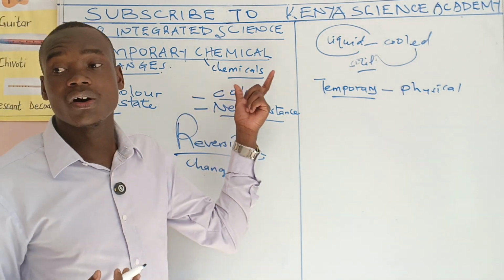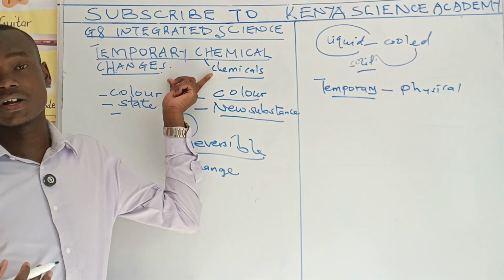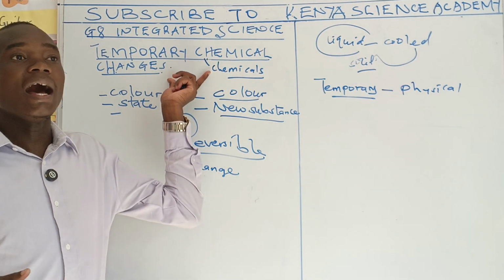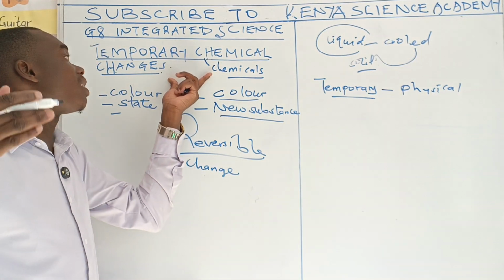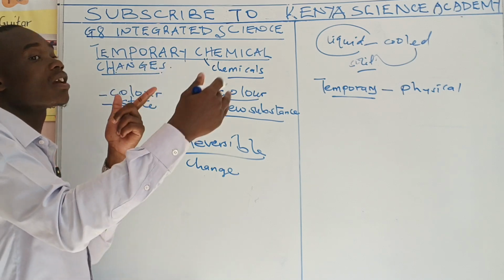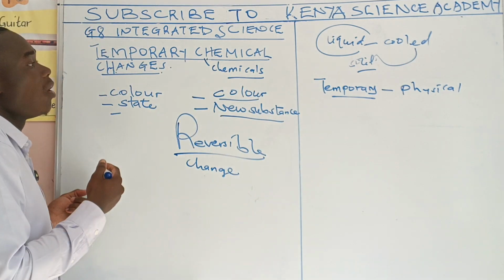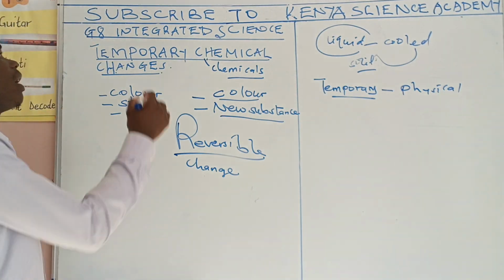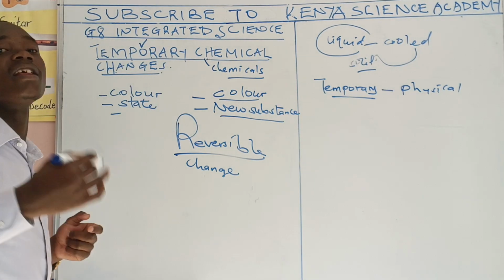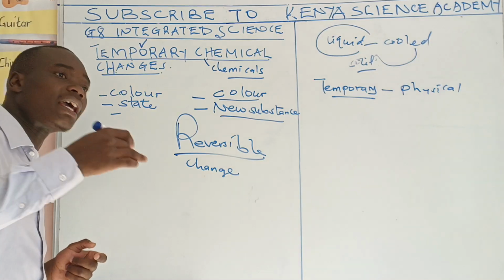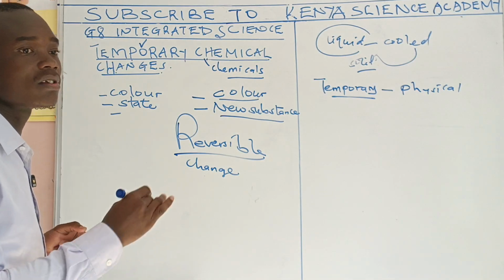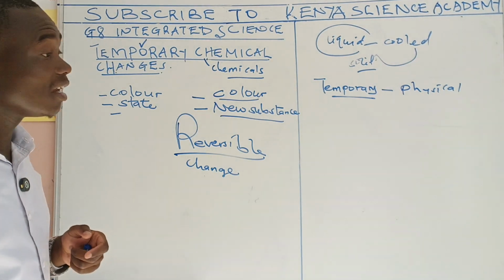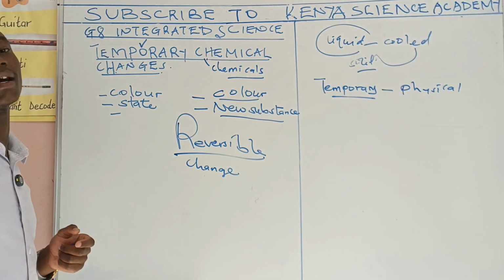In temporary chemical changes, there is involvement of chemicals in this particular change. And whatever happens in temporary physical changes, at some point also happens with chemicals. That is why we call it temporary. They are reversible. They can be taken from the original state to another state, and from that new state back to the original state.